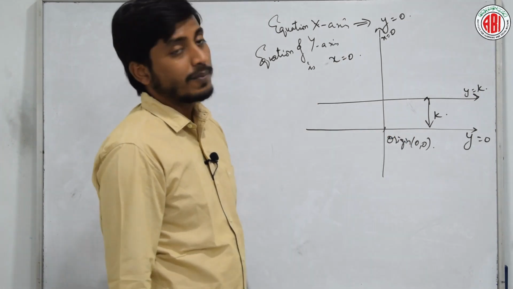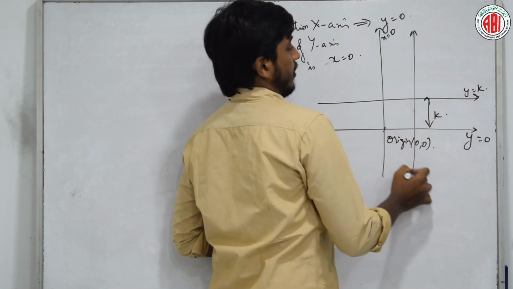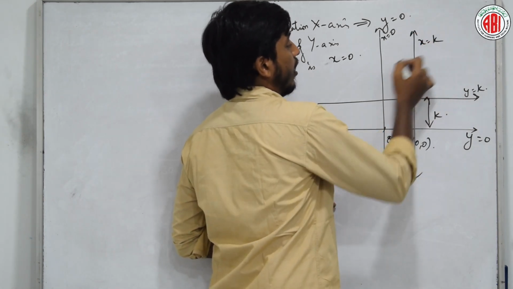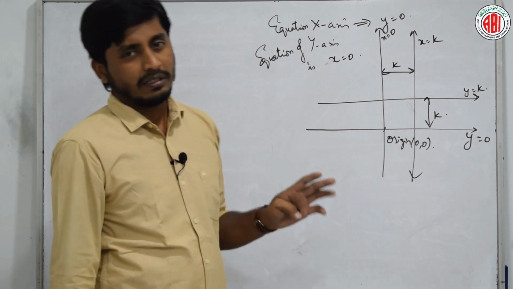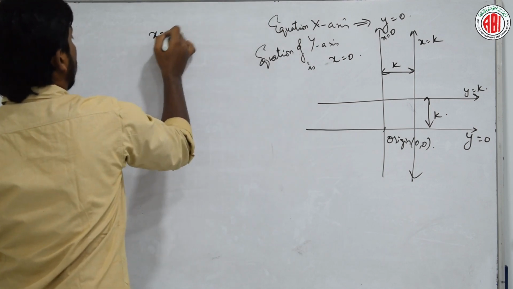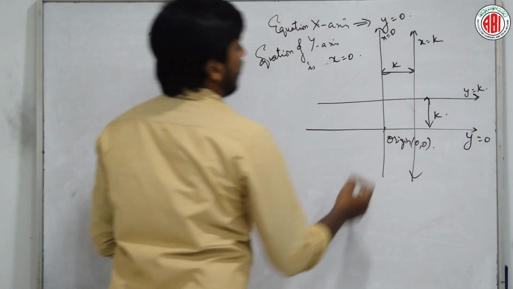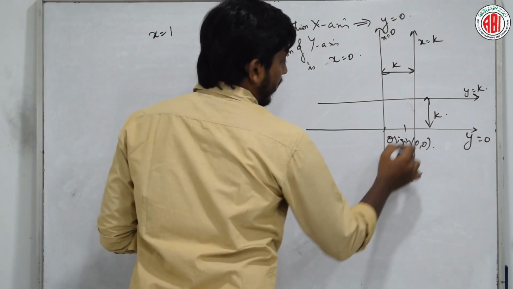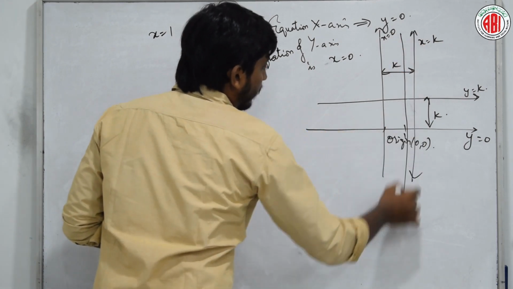What about the line that is parallel to the y axis? Obviously that is x equal to k, which is at a distance of k, some number. Now can you tell the equation for x equal to 1? How will it be? That is 1 here, at x equal to 1.